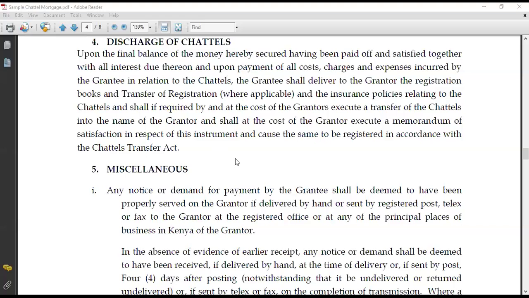The secured creditor shall register a cancellation notice if the security right to which the notice relates has been extinguished, and the secured creditor has no further commitment to provide value to the grantor. Very good. So Section 33 is the process of cancellation. So that is what we include here.